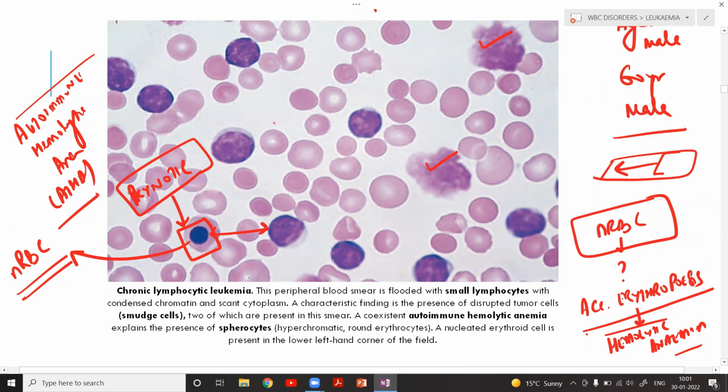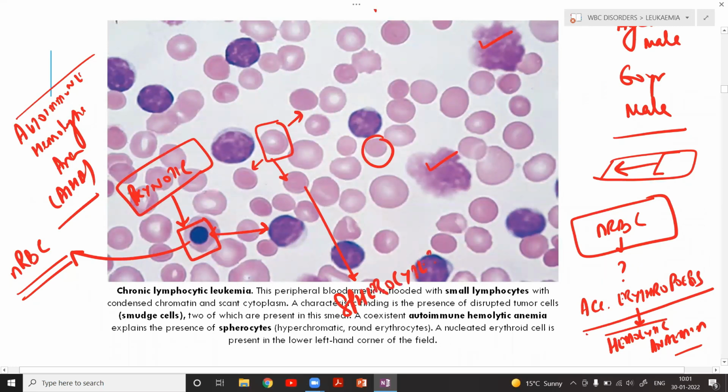See, this is the normal RBC. Look at these RBCs. Are they normal? Yes, these are spherocytes.